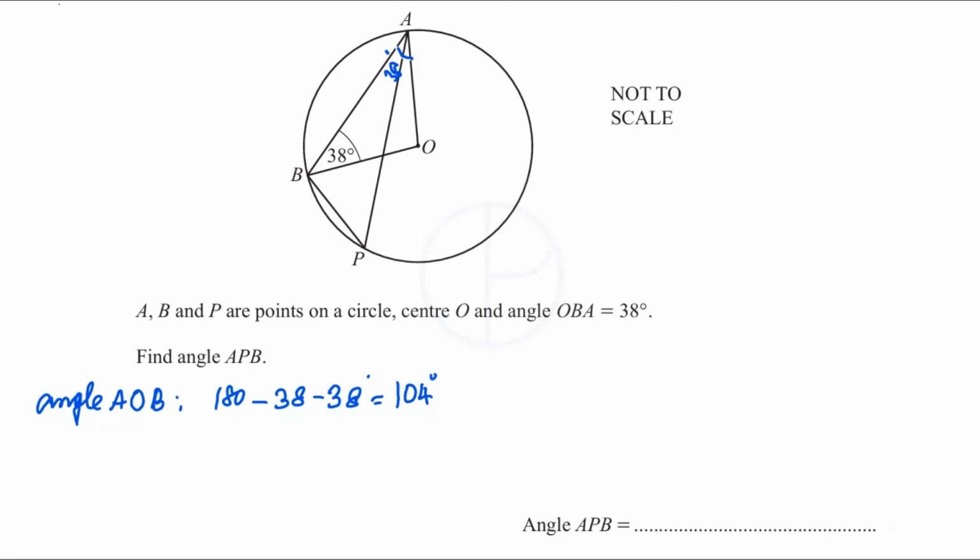Next, we will apply the theorem. The angle at the center is twice the angle at the circumference. So angle at the circumference, that is APB, will be 104 divided by 2, which is 52 degrees.